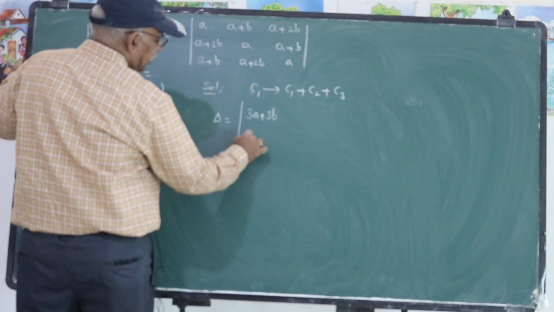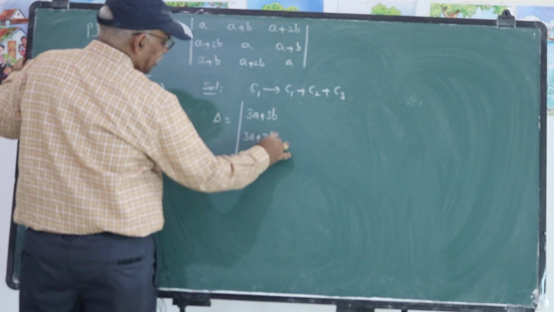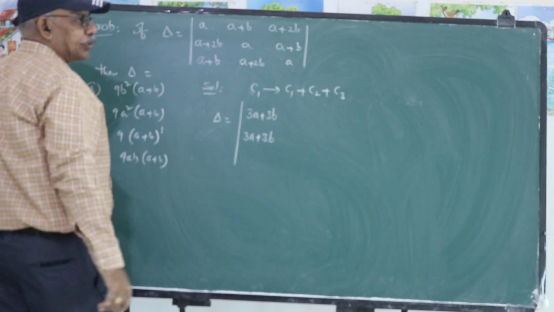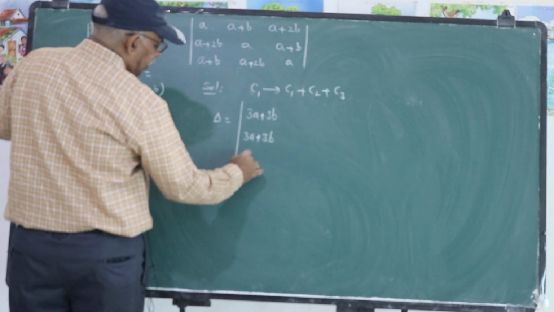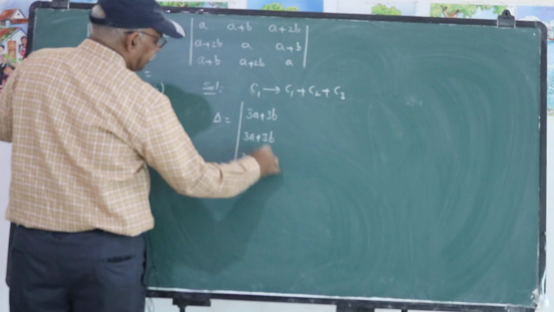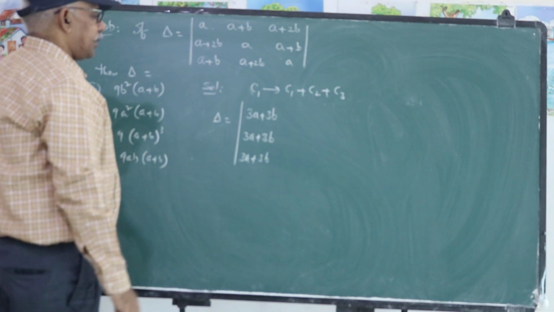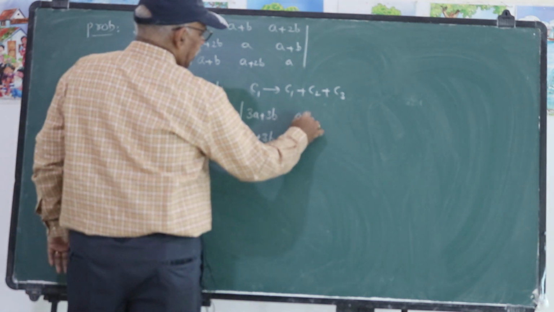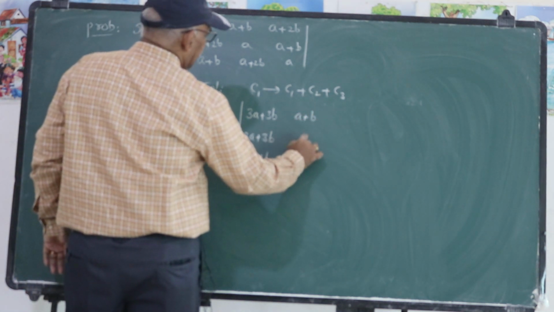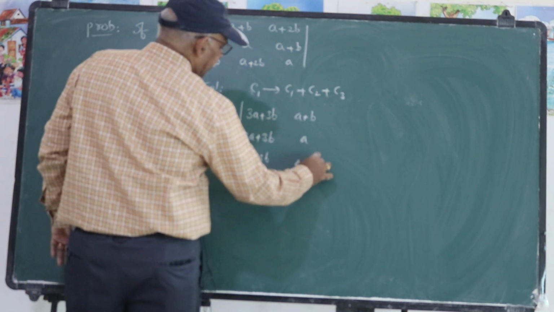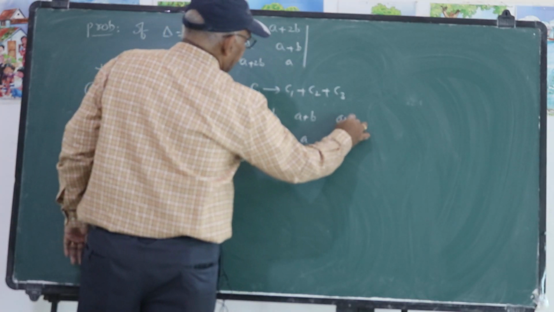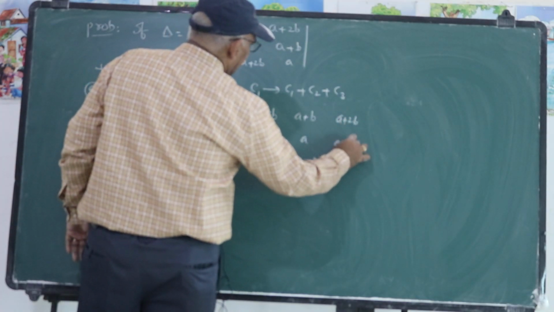Similarly here we get 3a plus 3b because the same elements we are adding. Here is also 3a plus 3b. The first column becomes 3a plus 3b, 3a plus 3b, 3a plus 3b, and the other two columns are a plus b, a plus 2b, a plus 2b, a plus b, a.